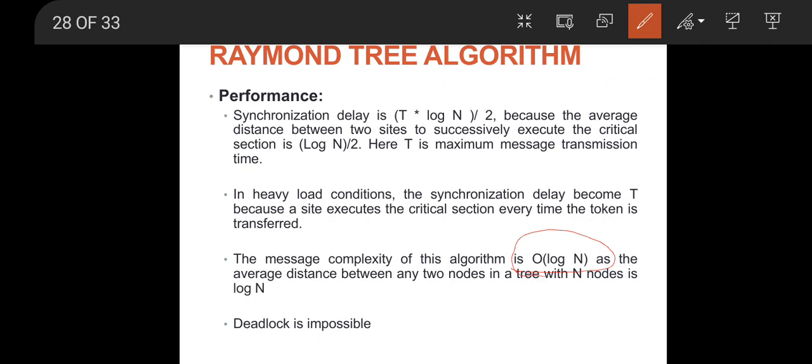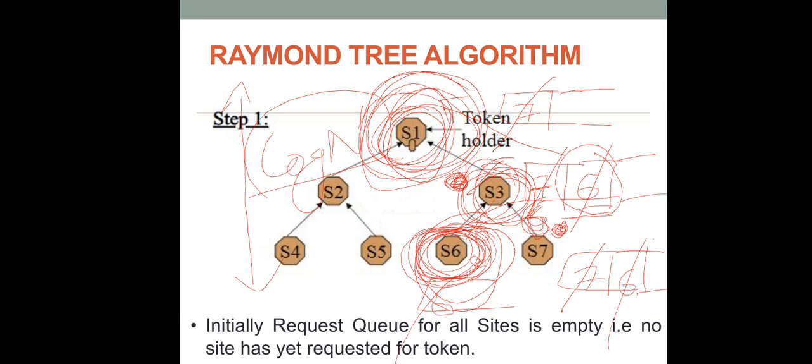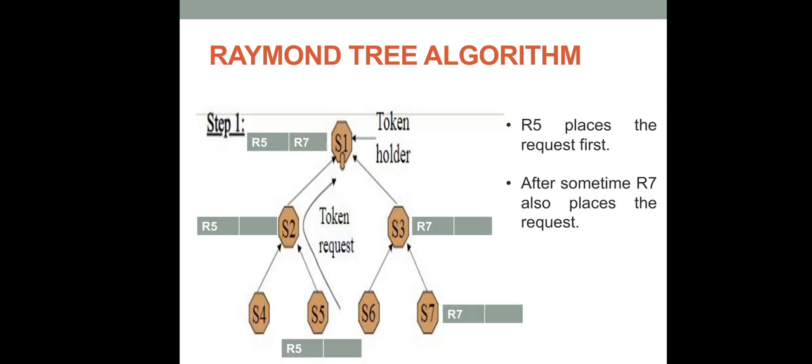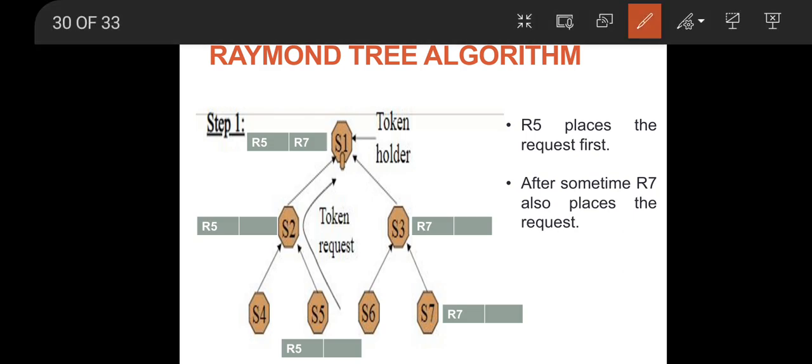Similarly, what will be the synchronization delay, that is, after a site has exited from the critical section and before another site enters the critical section, how much time is it going to take? Let us say when site S1 comes out of the critical section, it will send the token to S6.